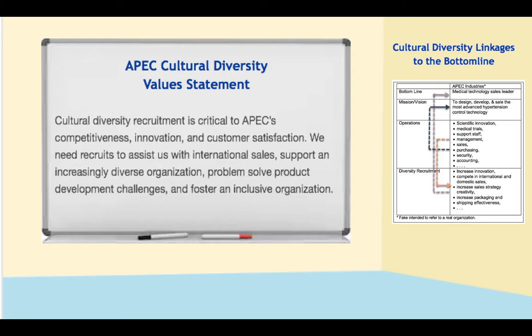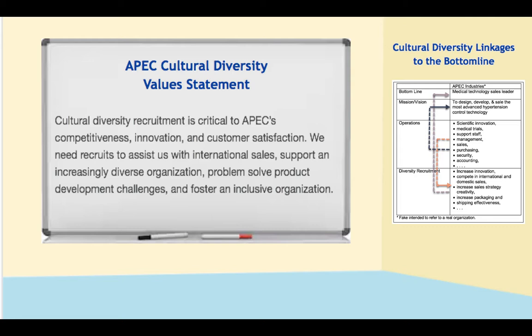Cultural diversity recruitment is critical to APEC's competitiveness, innovation, and customer satisfaction. We need recruits to assist us with international sales, support an increasingly diverse organization, problem-solve product development challenges, and foster an inclusive organization.